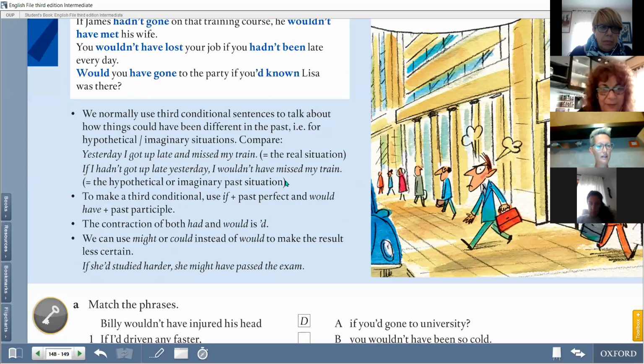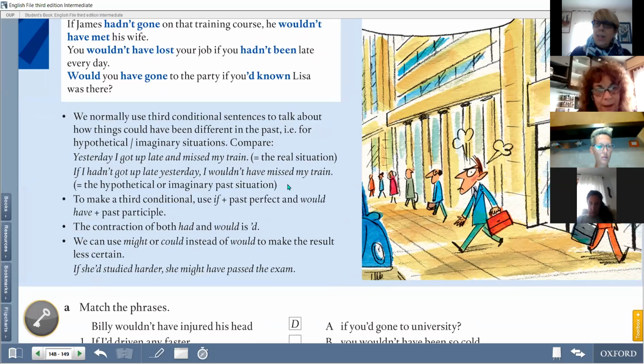Compare. Yesterday, I got up late and missed my train. The real situation. If I hadn't got up late yesterday, I wouldn't have missed my train. The hypothetical or imaginary past situation. Very good. So this is when we use it.